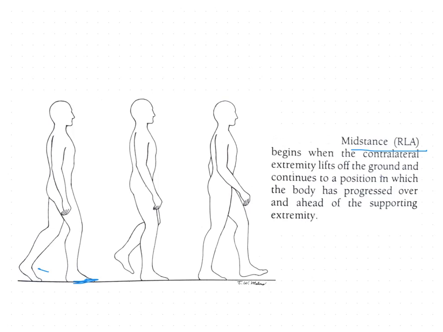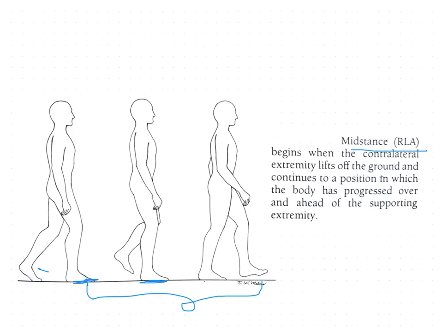In the traditional term, this point is the event in stance phase called mid stance. In RLA, it runs from flat foot until the contralateral limb has progressed ahead of the supporting extremity.